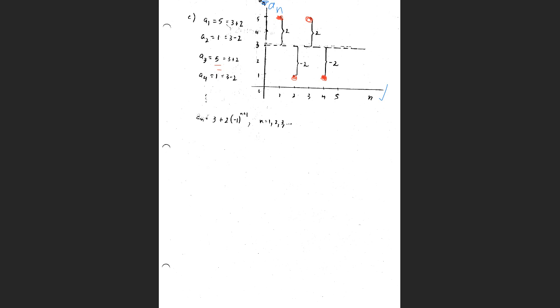And so it turns out that the pattern, the general formula, is going to be, you see 3 here is right down the middle. So this formula would work actually.